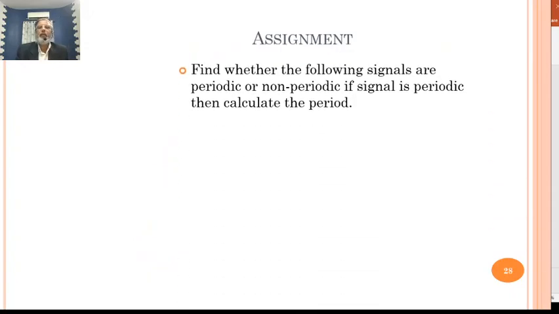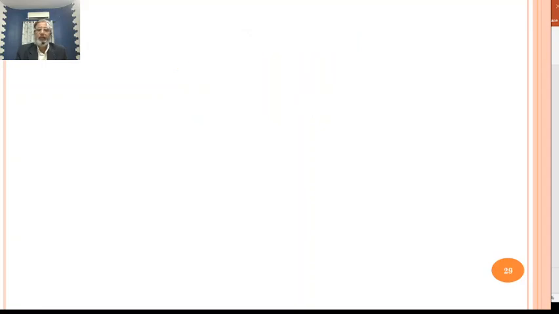Then the assignment problem: find whether the following signals are periodic or non-periodic. If the signal is periodic, then calculate the period.